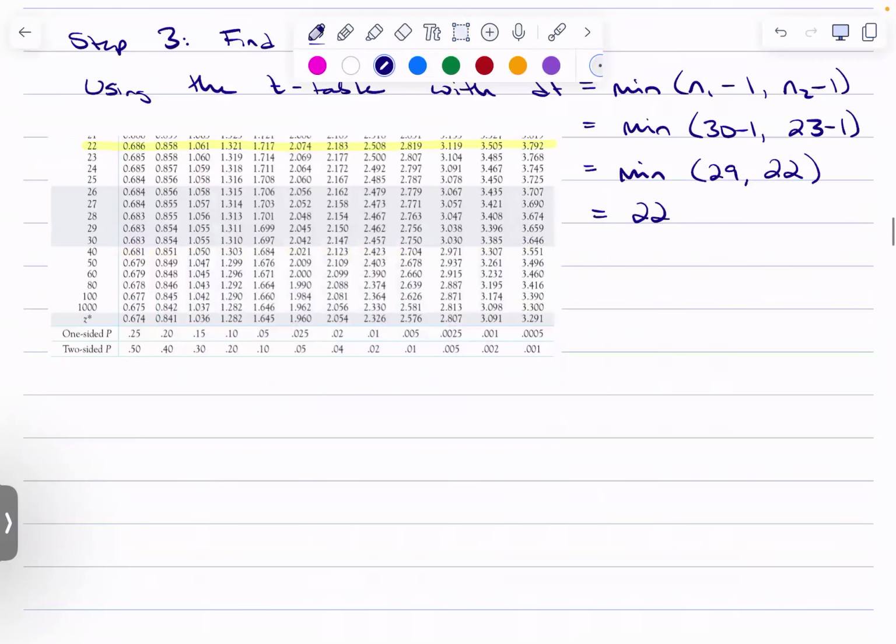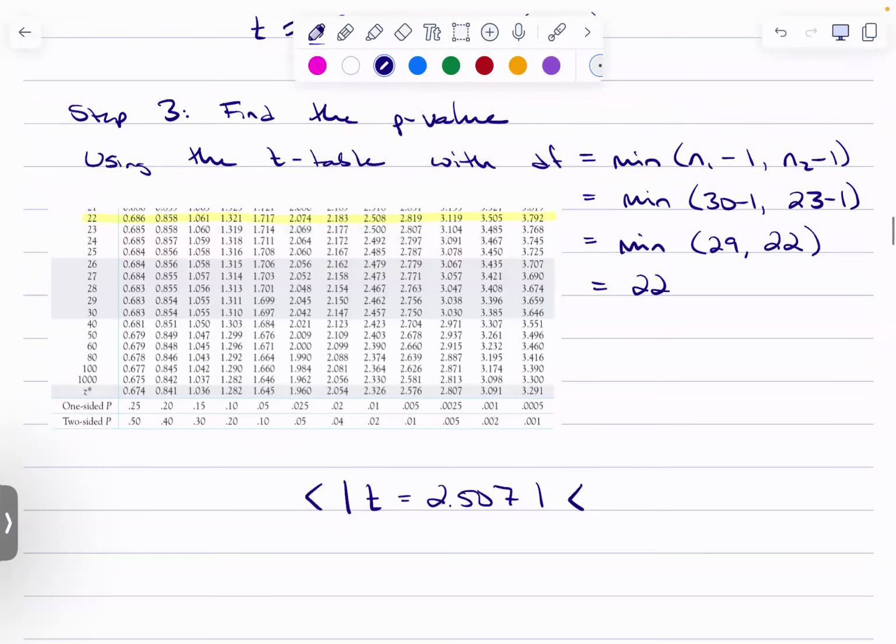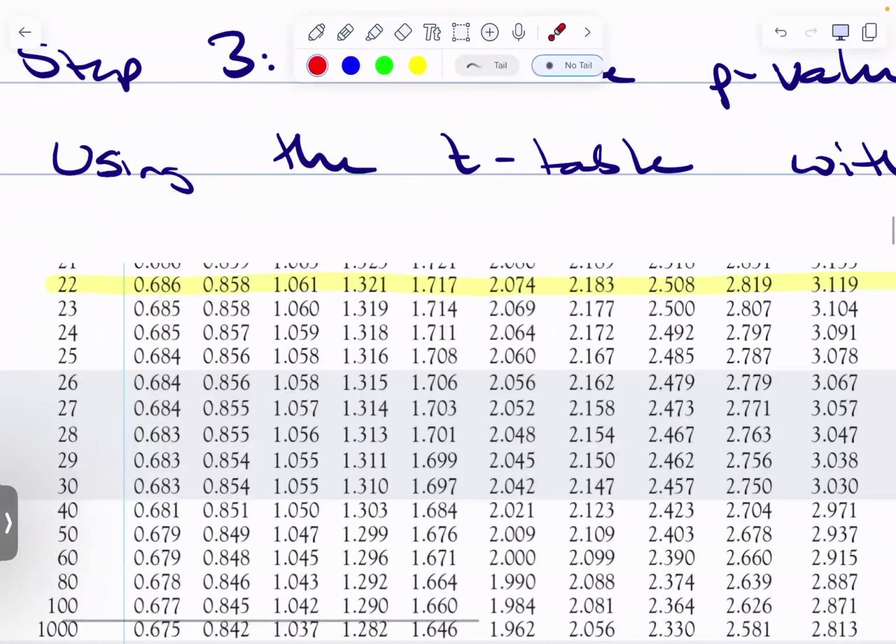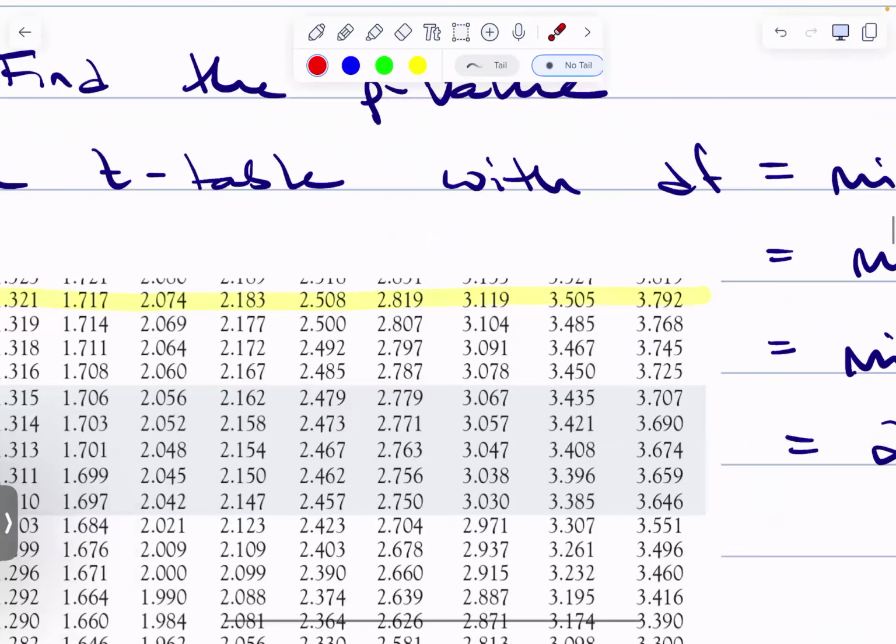So we use the same layout as before. The absolute value of t, which is equal to 2.507, notice how I've centered it because it's going to fall between 2 values. Just as before, we don't have to deal with it in this question in particular, but the end cap here would be 0, and the end cap on the other side would be infinity, just like we had on the z star line. So it behaves the same.